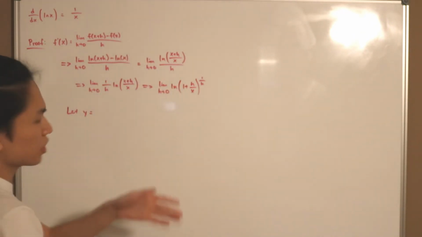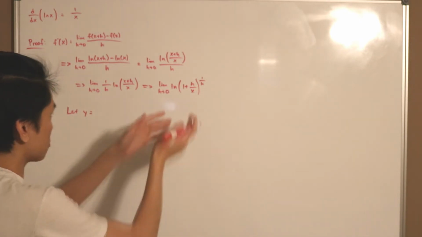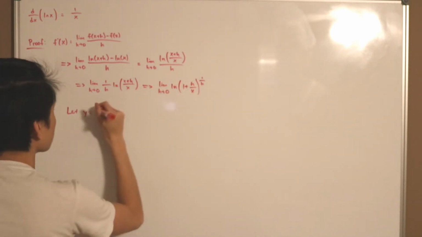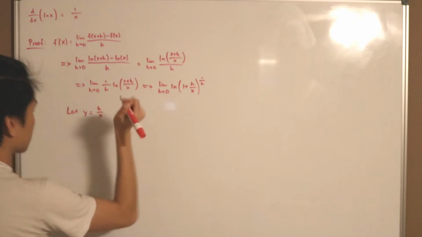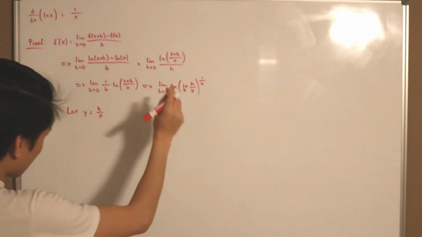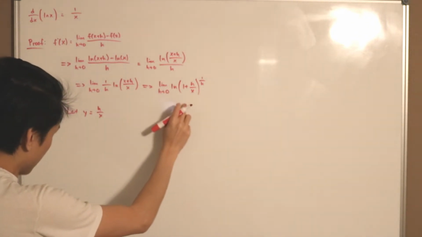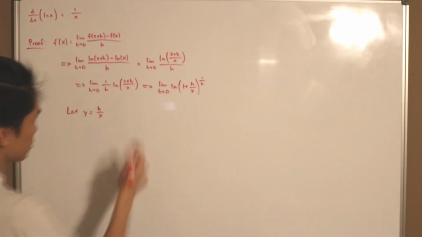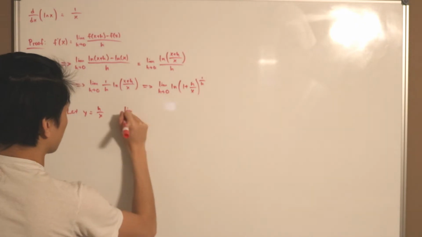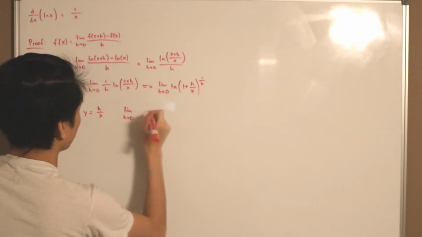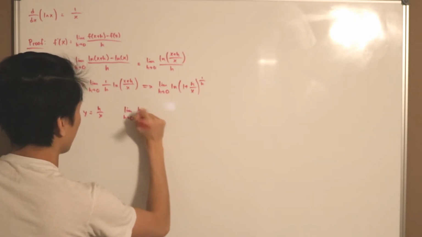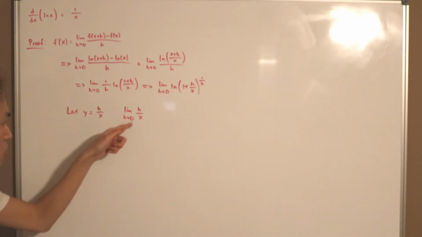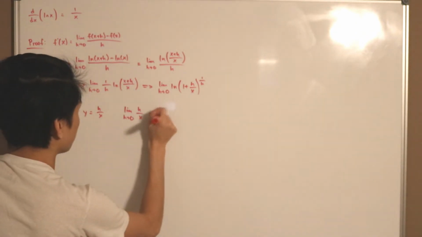So, as I said, let's use a substitution. Let's define y equals h over x. One thing to observe is that as h approaches 0, h over x is actually equal to 0.